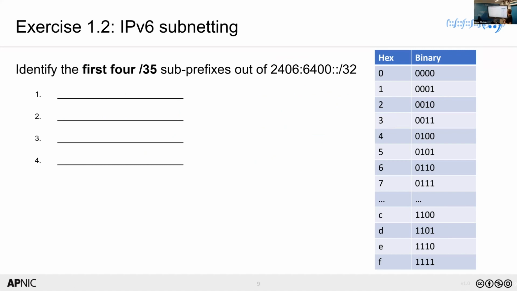Who is going to work this one out for me? What's my first /35 going to be? 2406:6400:0000. So we know that this is bits 33 to 36. So let's write those out. 33, 34, 35, 36.